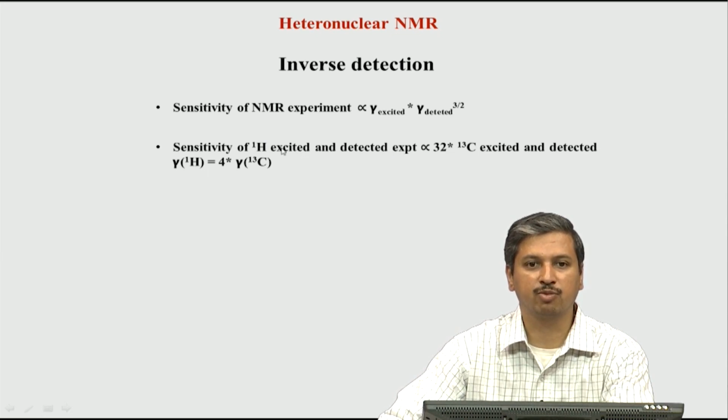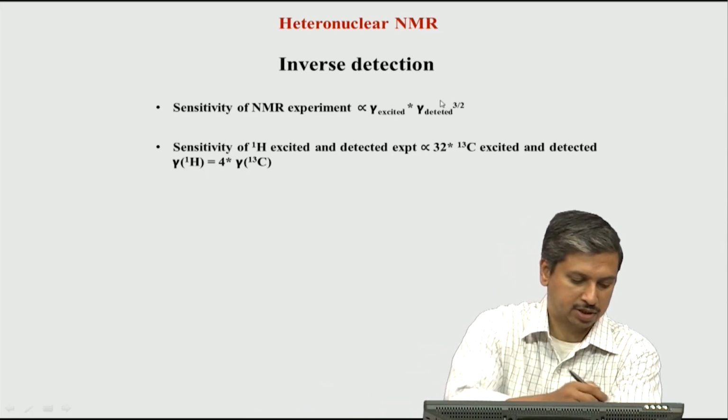So, if you look at both carbon and proton excitation, this is 1 by 4 if I use carbon, and this is 1 by 8 if I use carbon. So, if I excite carbon and I detect carbon, then my sensitivity will be 32 times less compared to if I start from proton and end with proton.